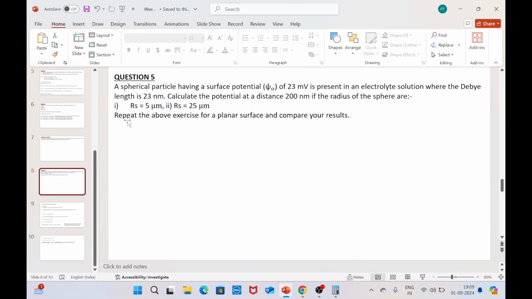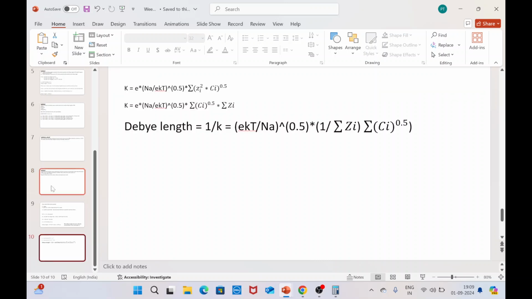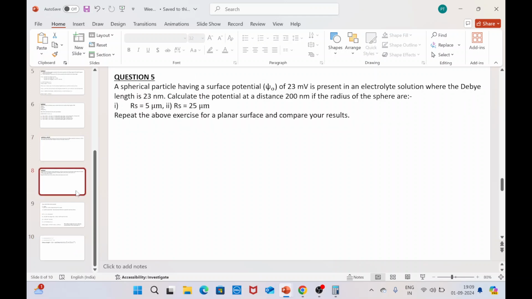Okay, so we have one question before we close our session for today. It's about spherical surfaces. Till now we discussed more on planar surfaces. This is about spherical surfaces, and I guess it's a very simple question.